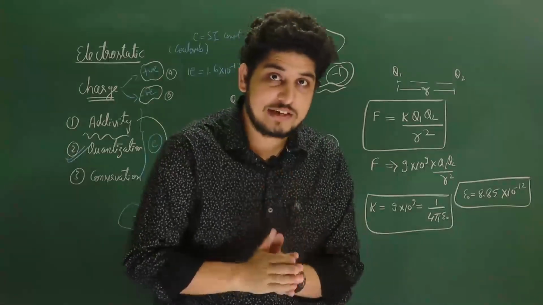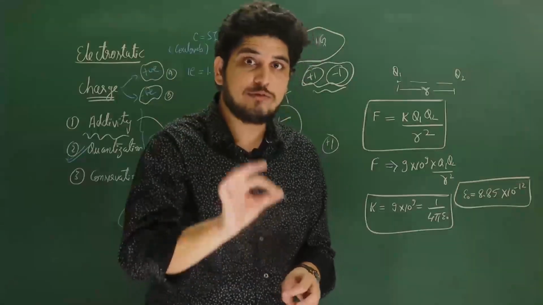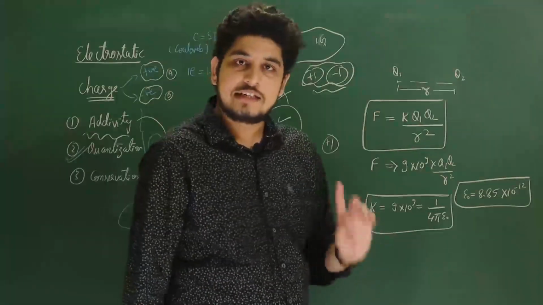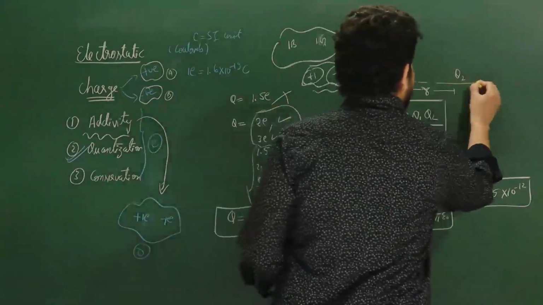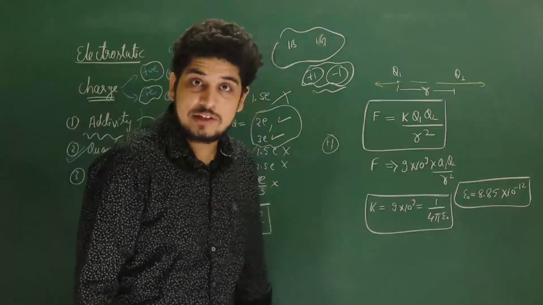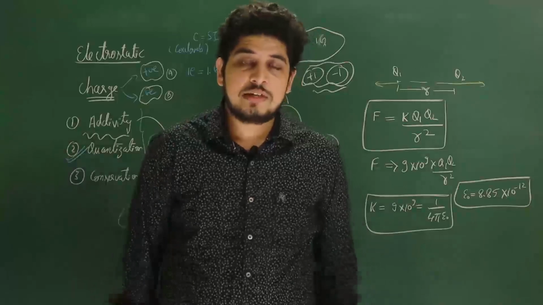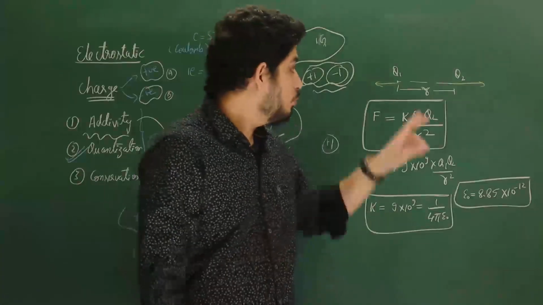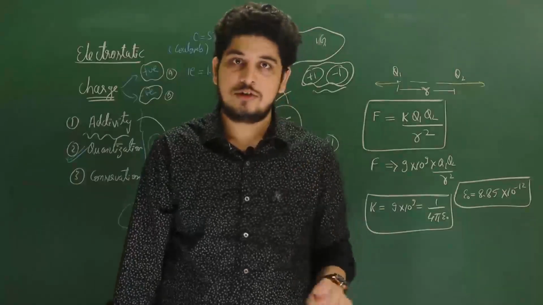First of all, please note it down: it is valid only and only for point charges. Second, force will always act along the line joining the two charges. Force will be attractive in nature if the charges are opposite in sign. Force will be repulsive in nature if both charges are of the same type.